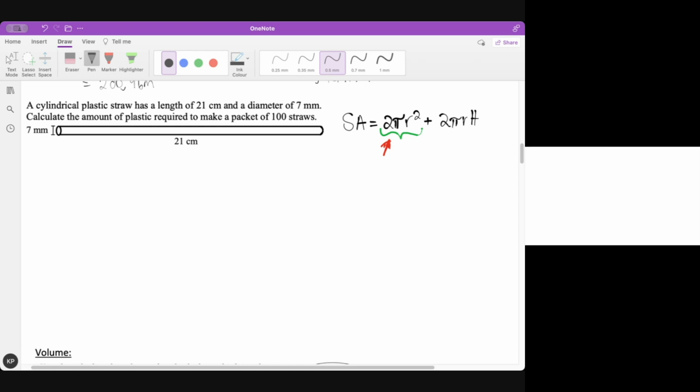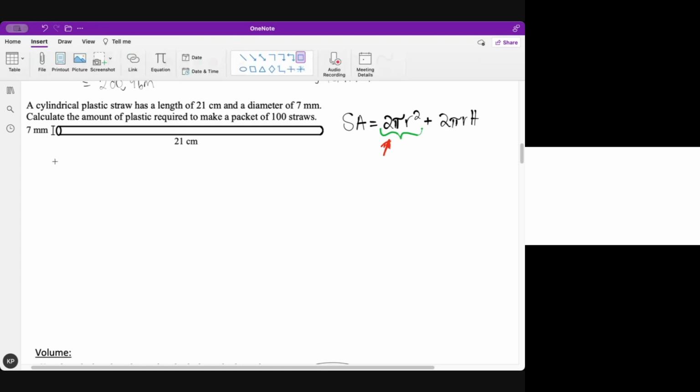That's not the base. That's the diameter of the little baby circle. All right, so we're not going to use this part because there are no circles. You're not going to close your straw off on both ends, are you? Because then how are you going to use it? You can't use it. So the only part you use is the wrapping around, which makes the straw.